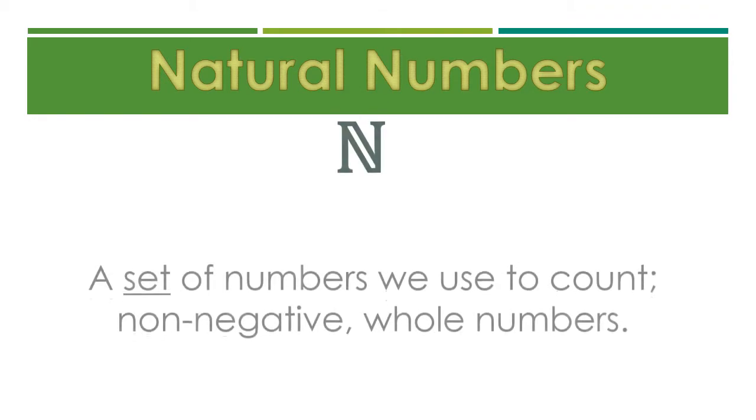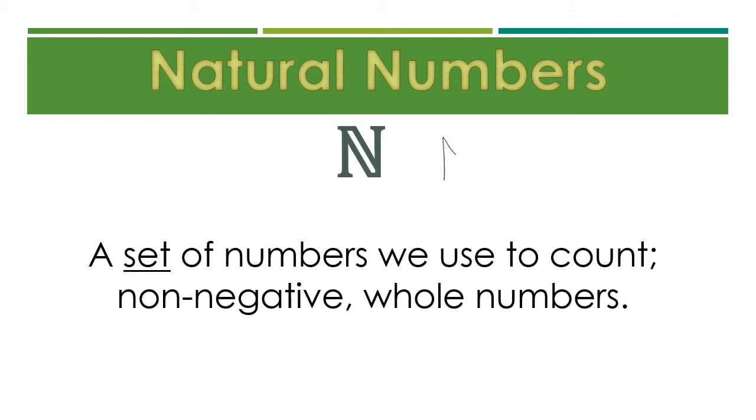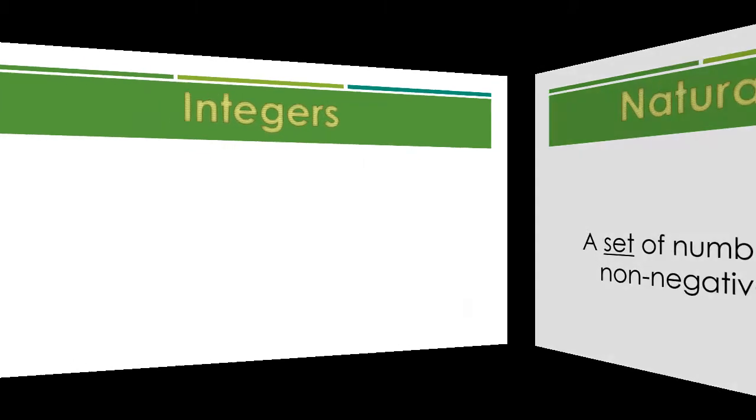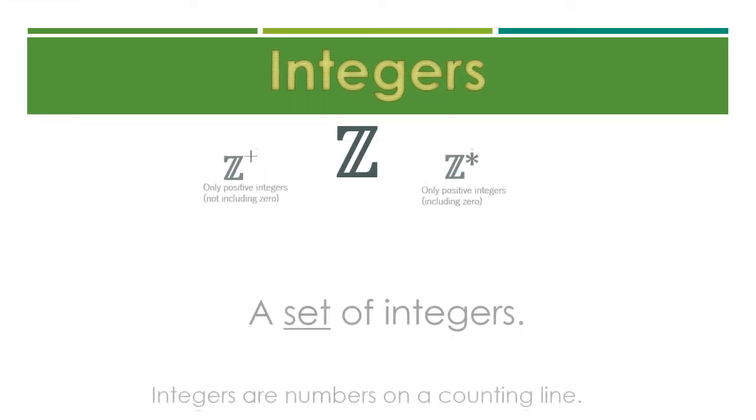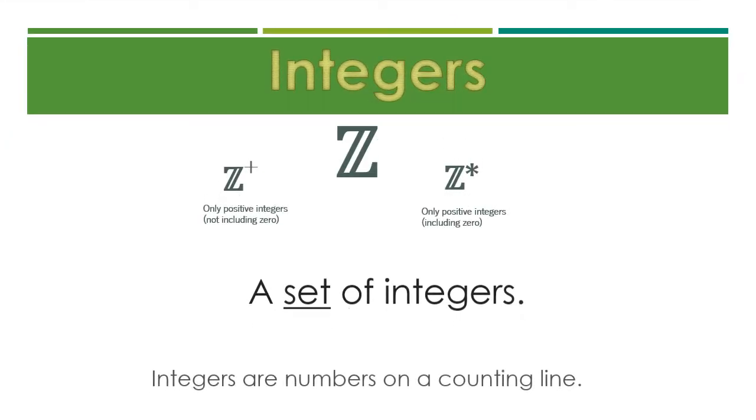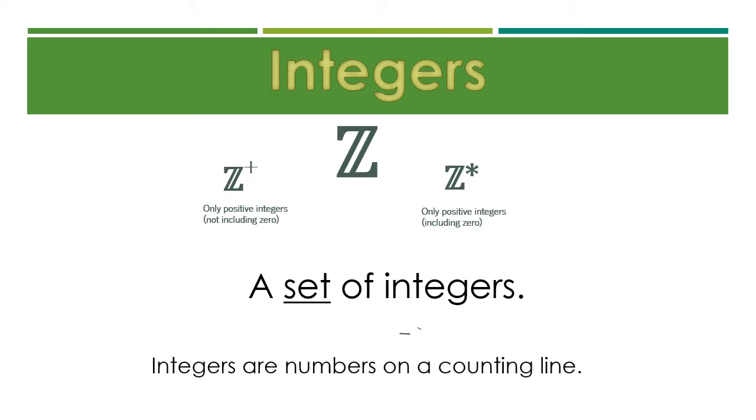Natural numbers are numbers that we use to count, so they are non-negative whole numbers, including 0. Integers are numbers on a counting line, anything that goes from negative infinity to positive infinity as a whole number.